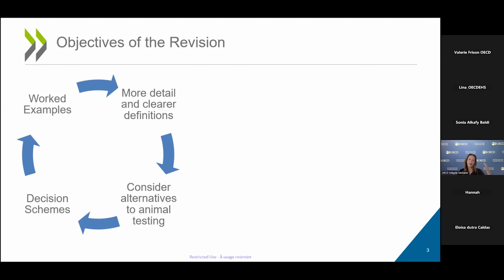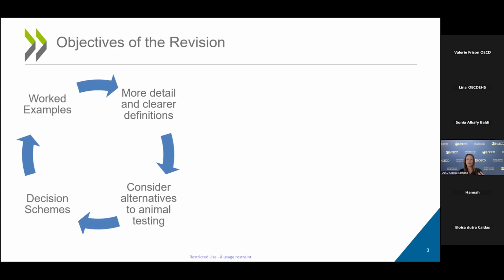So everything started by providing detailed and clear definitions in some areas, considering alternatives to animal testing, and developing some very prescriptive decision schemes that then were tested through some examples. By testing these decision schemes and all the definitions and the approaches that were described, we encountered some problems.